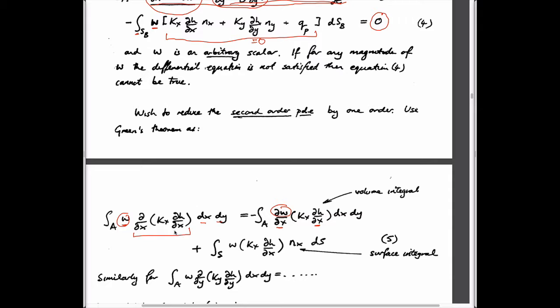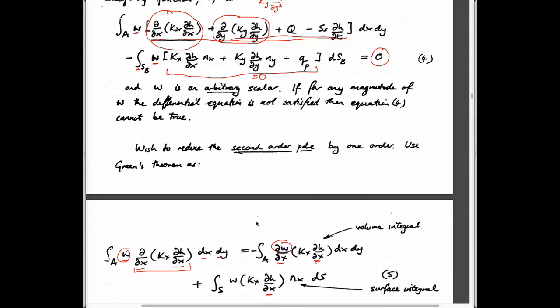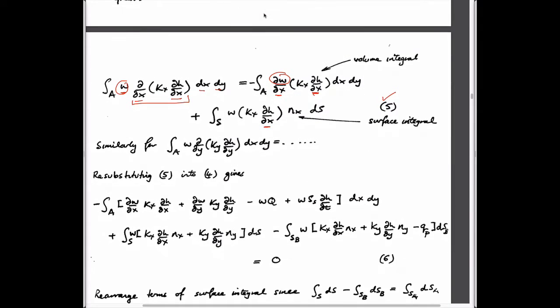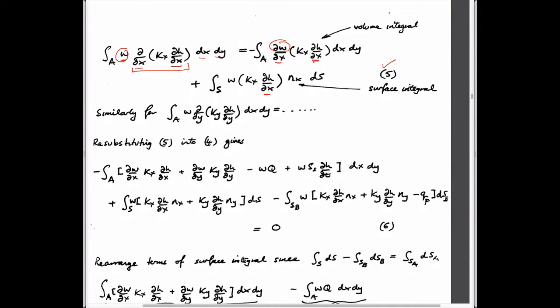So we've taken a second order PDE and converted it into a portion which is a first order with another first order term, and also a first order term on the boundary. We can do that equally because we have two of these. We have this one here, which we've done this to, and we have this one here, which we can do the same to, which is basically this.